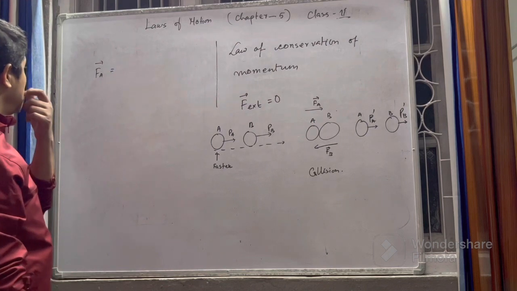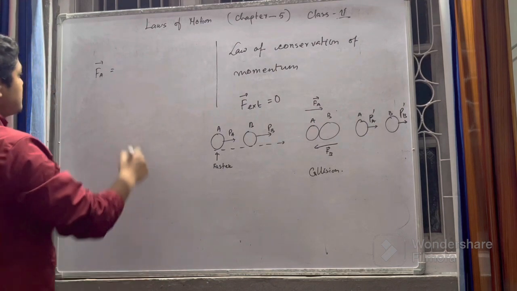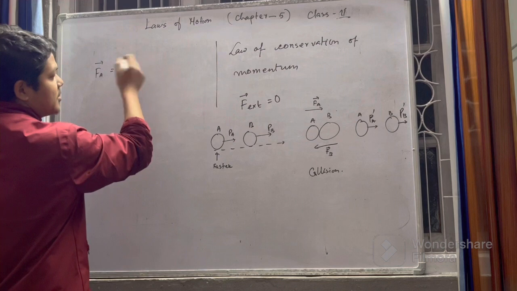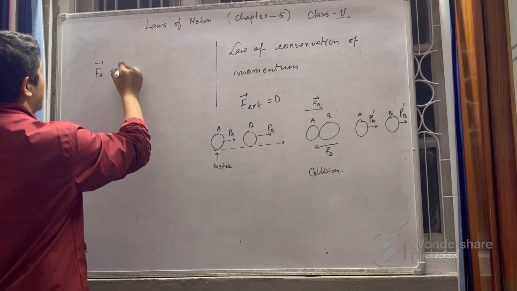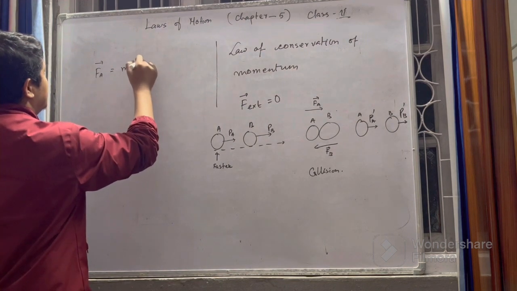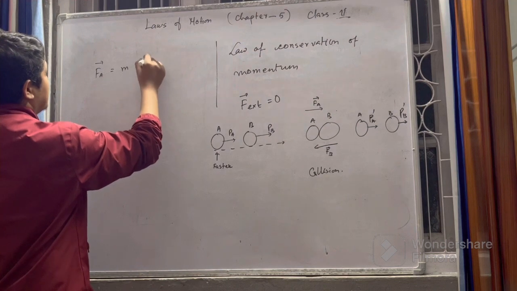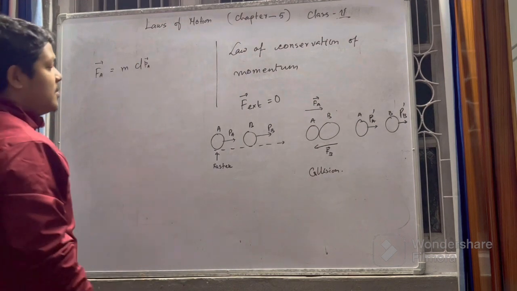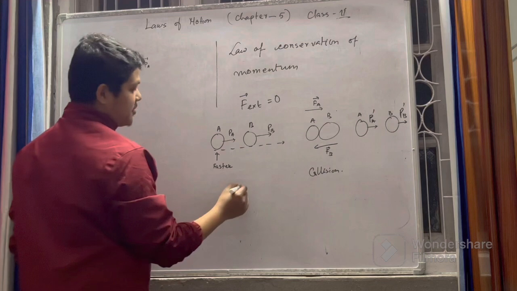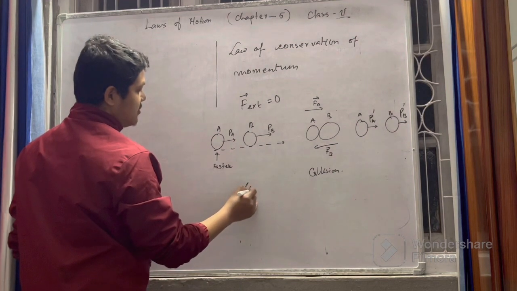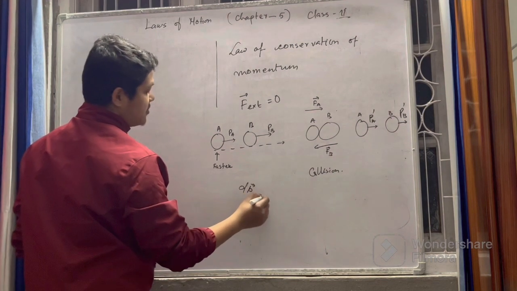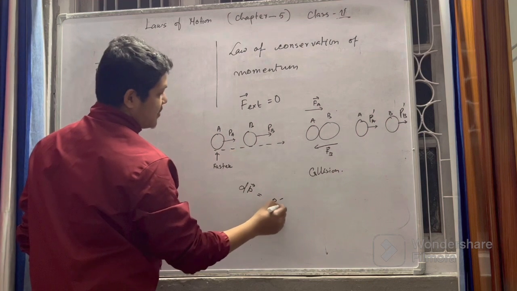By the second law of motion, that will be equal to m into dPA, that means rate of change of momentum of A, by dt. Here dP is going to be equal to P dash A minus PA.